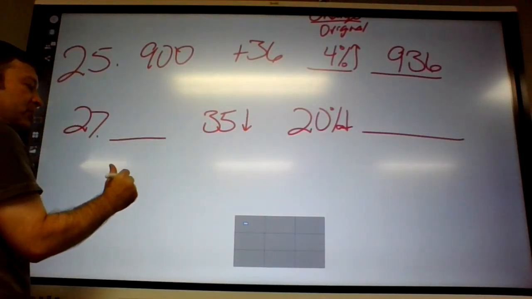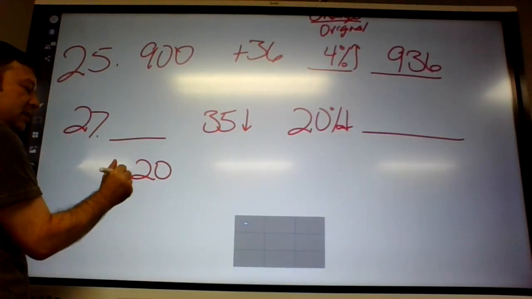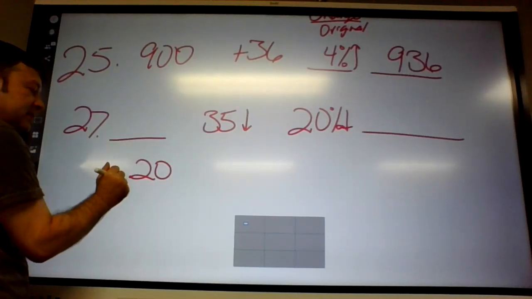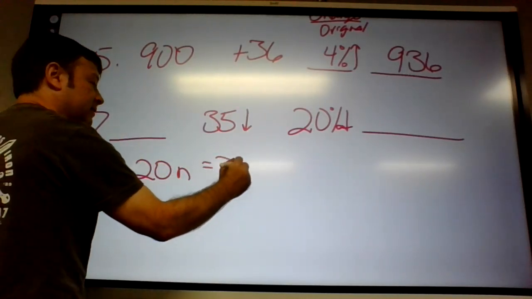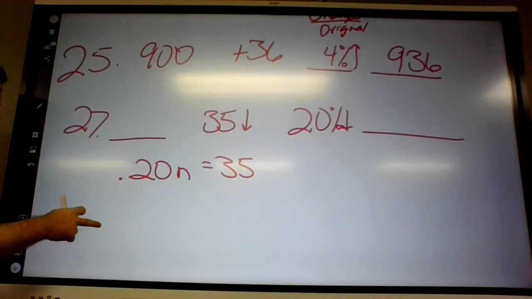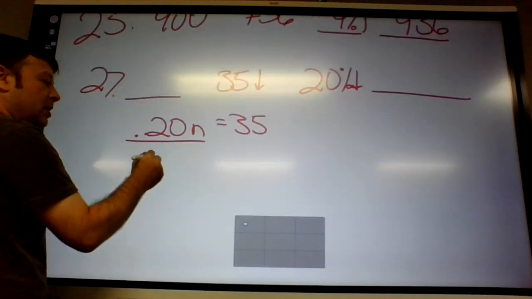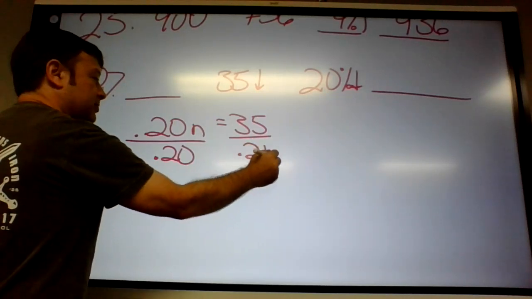So 20% of this number is 35. You said it backwards. You said 35 is equals 20%. Okay, so yeah, you just divide by 0.20.